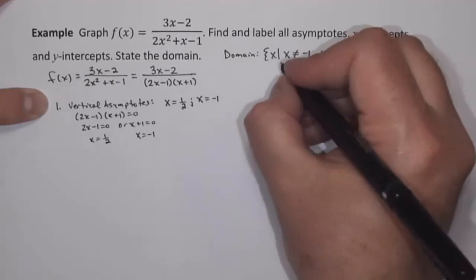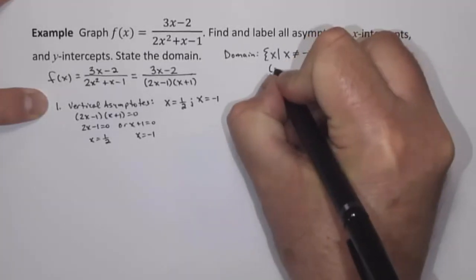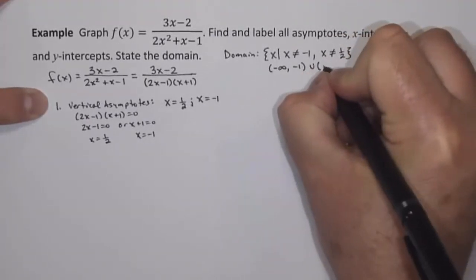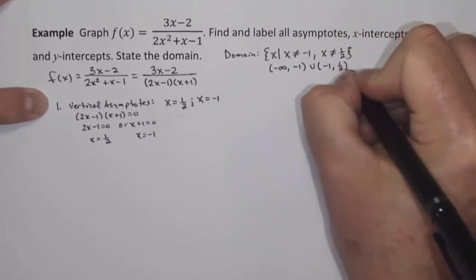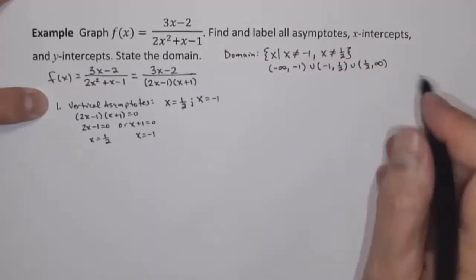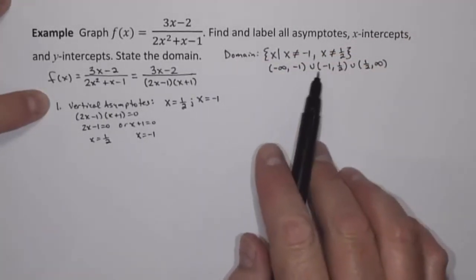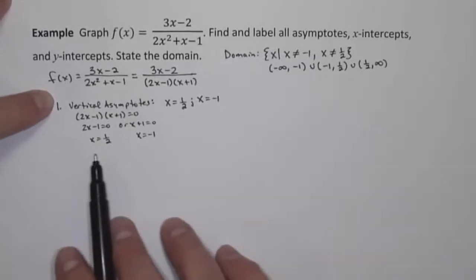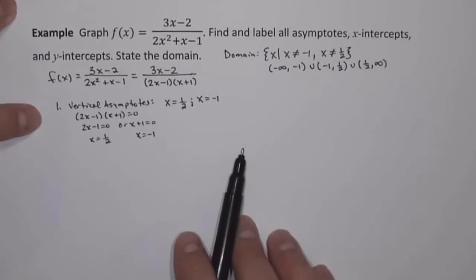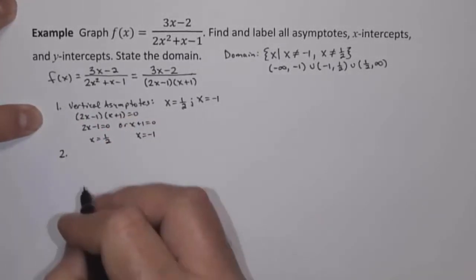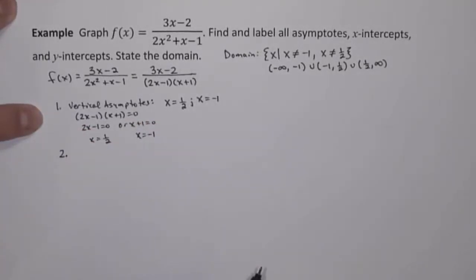Or if we write that in interval notation, that would be negative infinity to negative 1, union negative 1 to 1/2, union 1/2 to infinity. So there is our domain. And again, the negative 1 and the 1/2, which have to be eliminated from the domain, give us our vertical asymptotes. Step 2. We want to find either horizontal or oblique asymptotes.